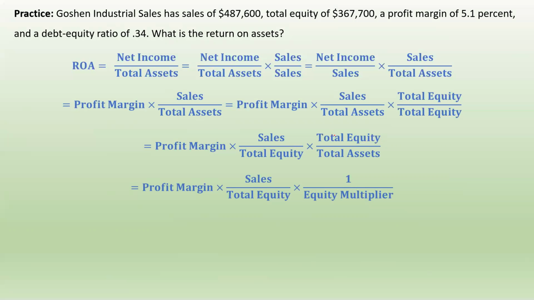If we rewrite the third term by dividing the numerator and the denominator by total equity, it equals total assets divided by total equity.